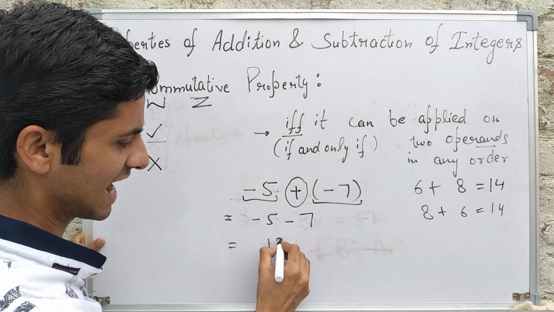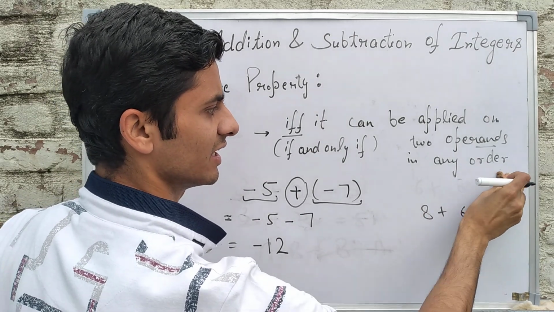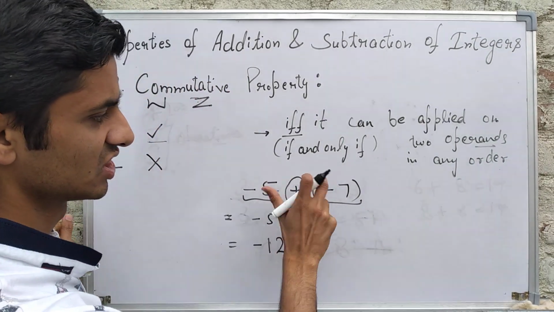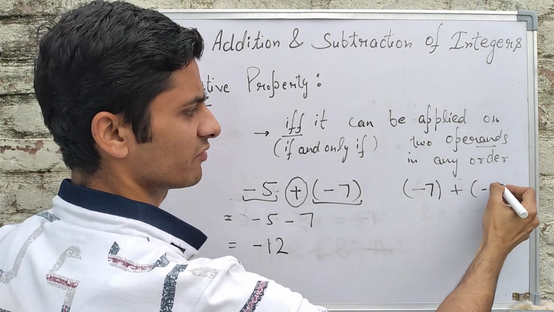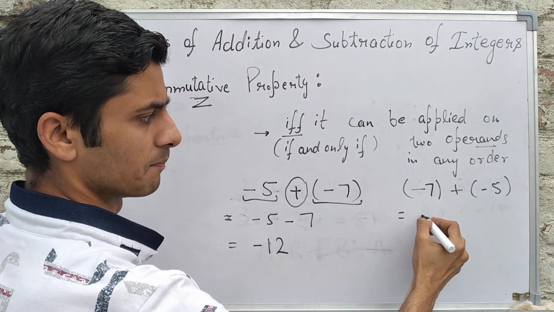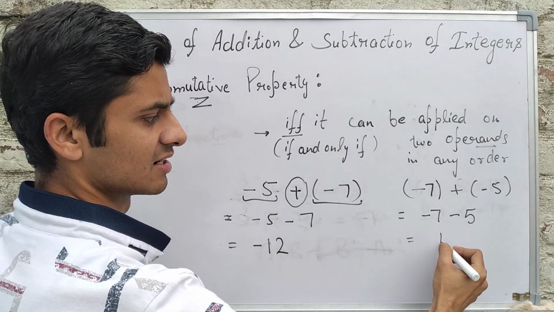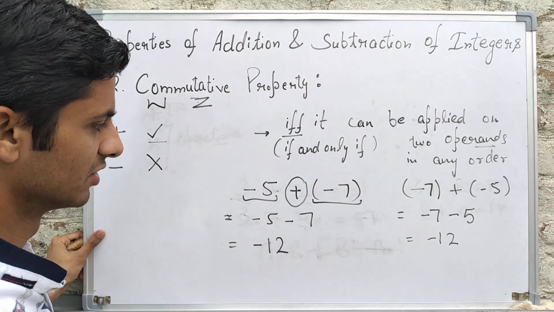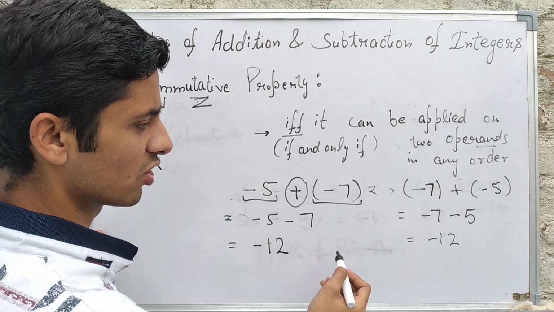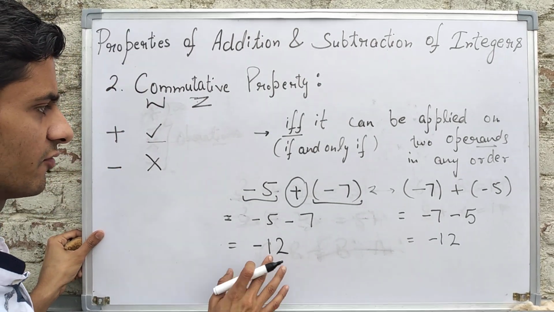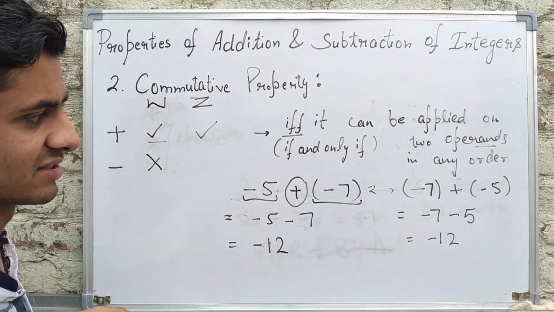Both numbers are negative, we will add them and the result would be -12. Now let us change the order. It becomes -7 plus -5. 7 and 5 make 12, and the sign would be negative. So two integers can be added in any order and you get the same result. Therefore addition is commutative for integers. You can take two more examples by yourself.